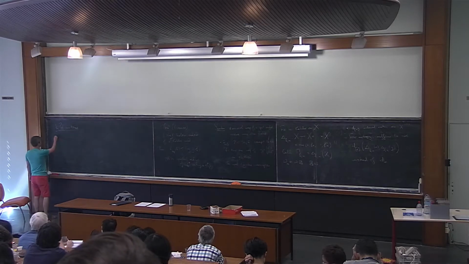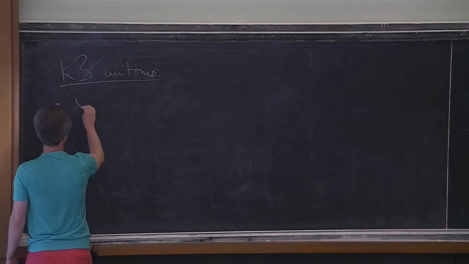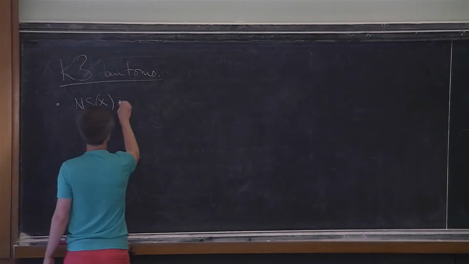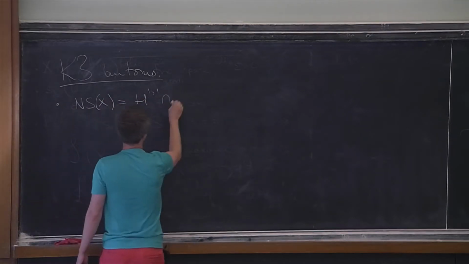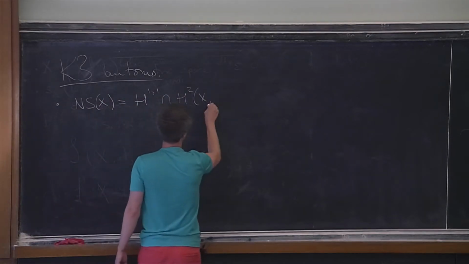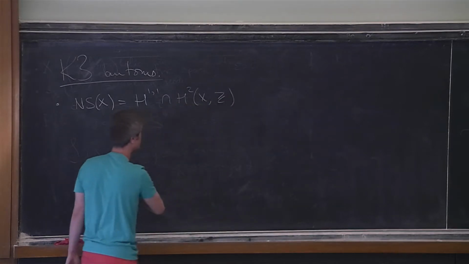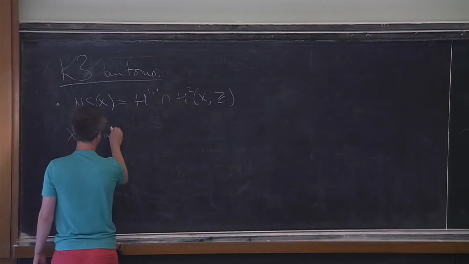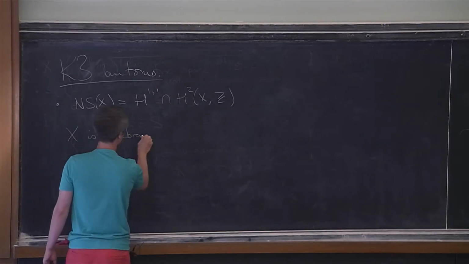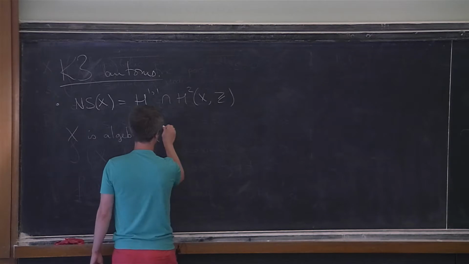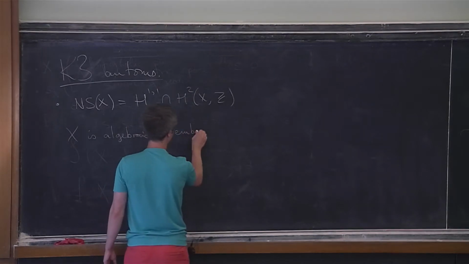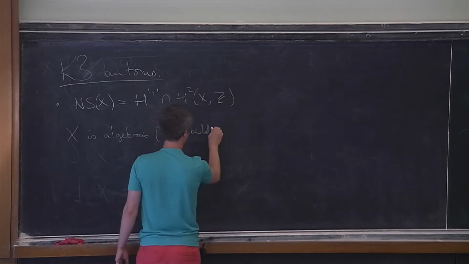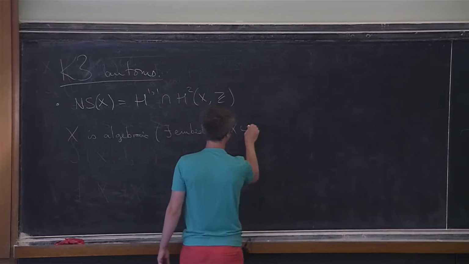So let me remind you that we had the Néron-Severi group of X, which was this H^{1,1} intersected with H^2 of X, Z. And the fact is that X is algebraic, which for us means that there exists an embedding into some projective space.